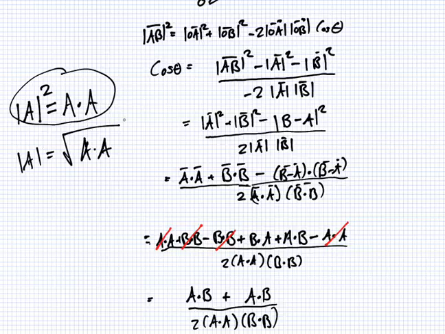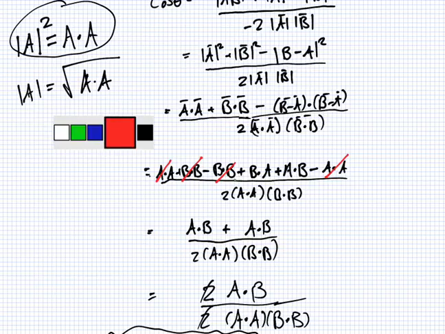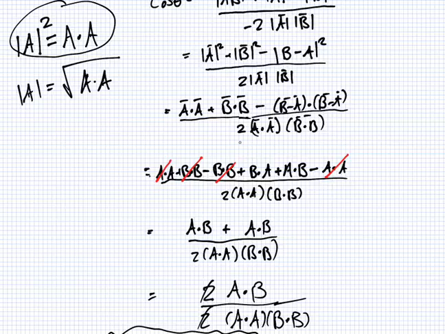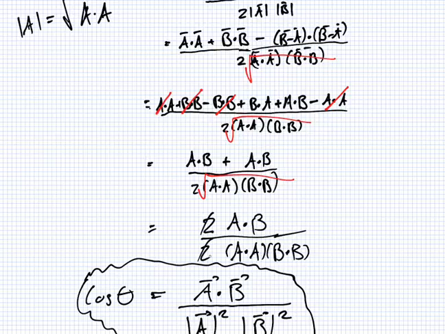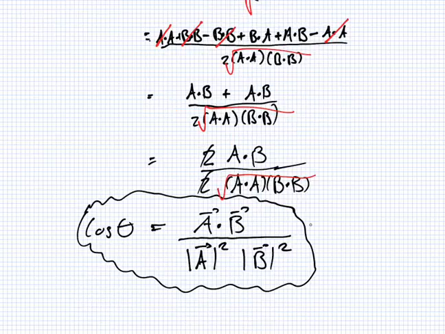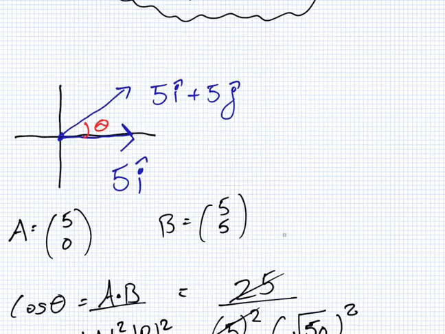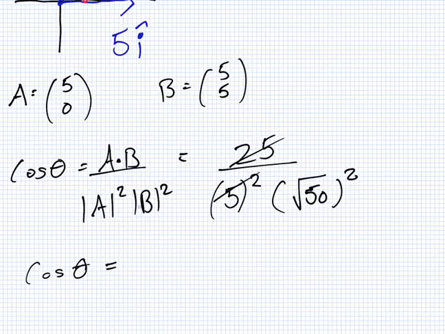It's square root A dot A. Sorry, so we're just missing in the denominator a square root. So square root, square root, square root, square root. So if I put a square root here, what happens to the squares? They cancel. Sorry about that, there's no squares here.